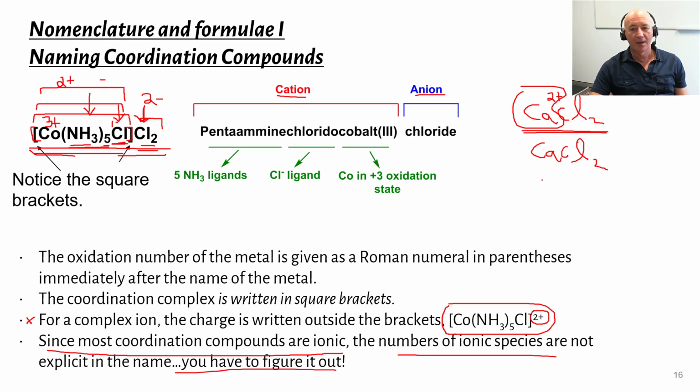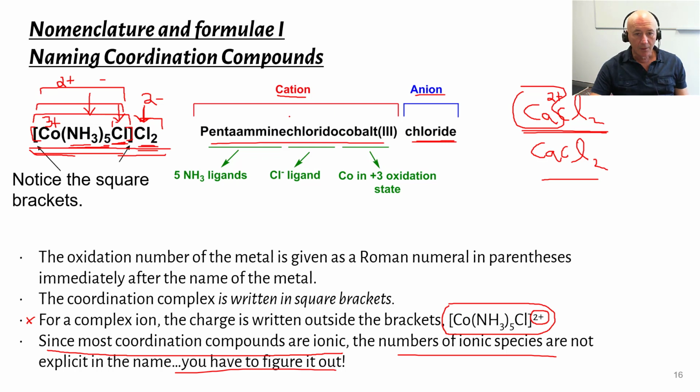And as with compounds like this, you don't actually indicate the numbers, right? So in this case, this thing would be named chloride. You don't say dichloride, it's just simply called chloride. Again, you've got to figure it out if you've got just the name.